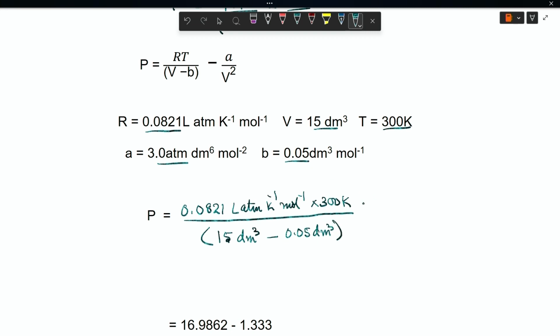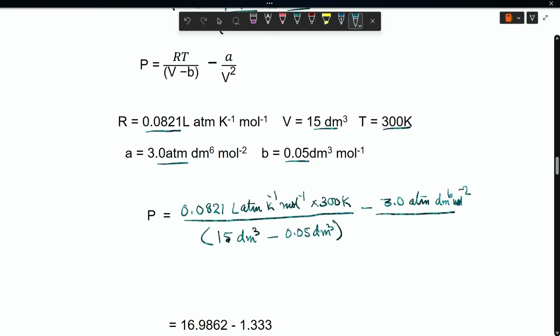Okay. Then minus a, 3.0 atmospheres decimeter raised to 6 mole raised to minus 2 whole divided by V², 15 decimeter cube whole square. Okay.